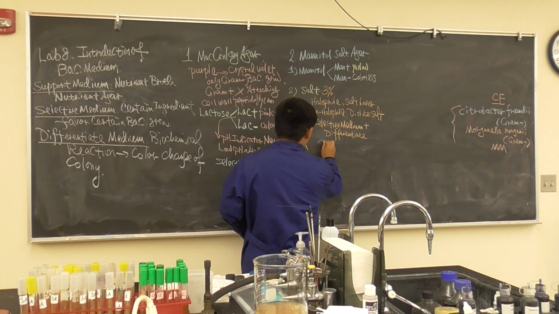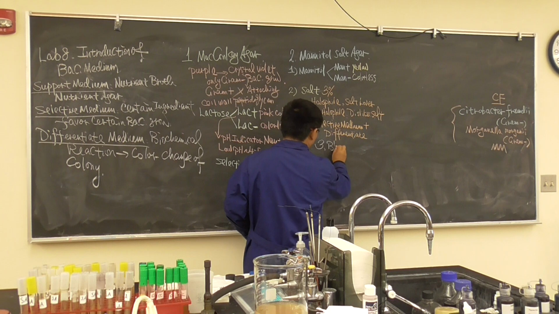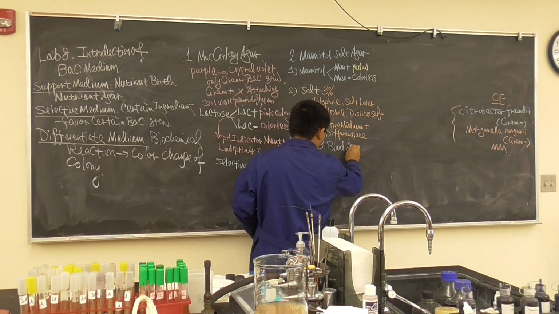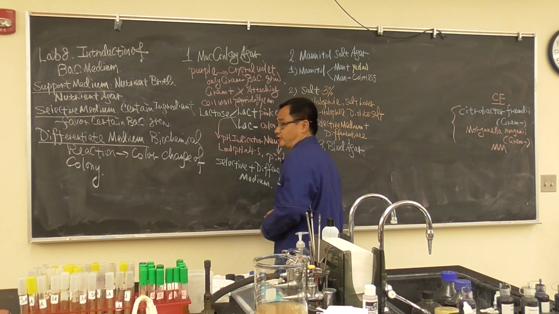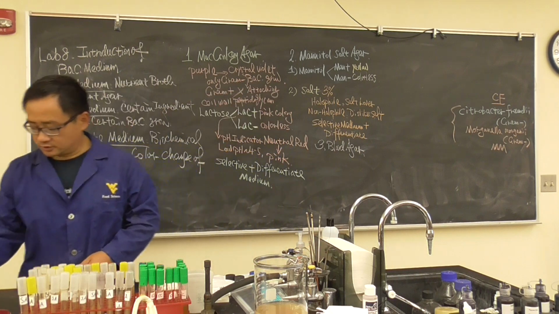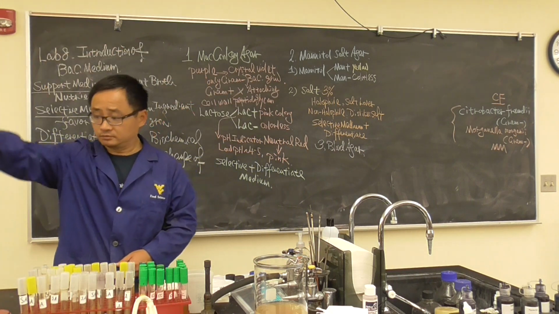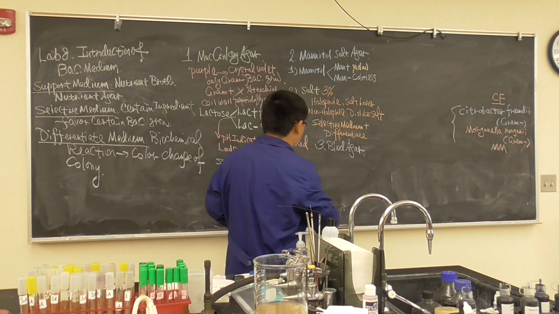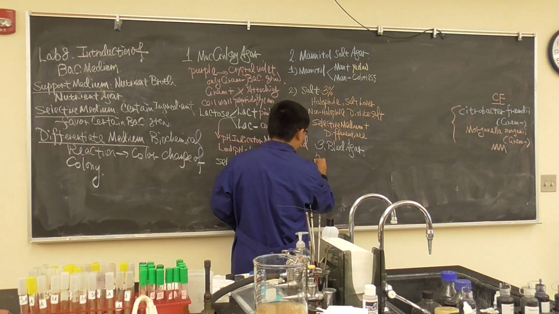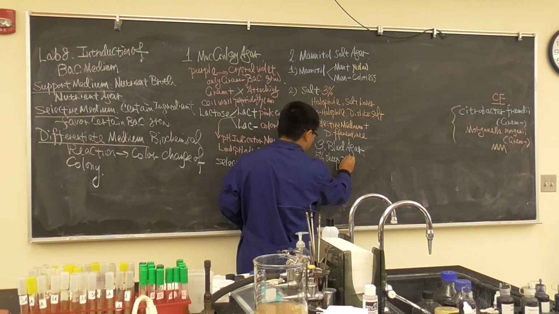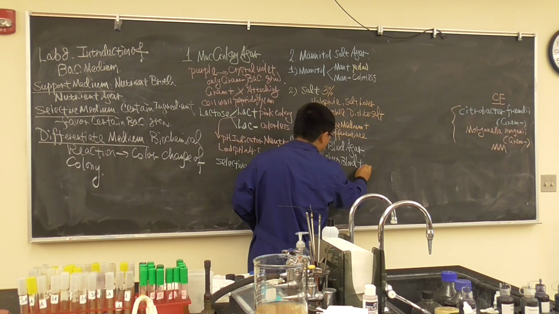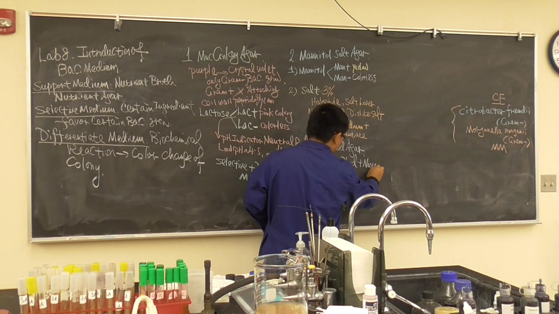Third one we want to talk about is blood agar. Okay, blood agar is very red, like blood, like this. What does the blood agar have? It is 5% sheep blood added to nutrient agar base, or tryptic soy agar base.